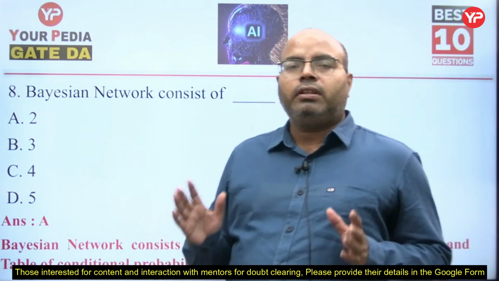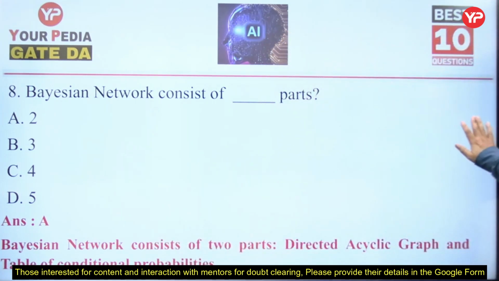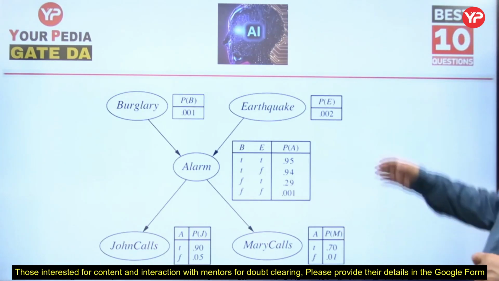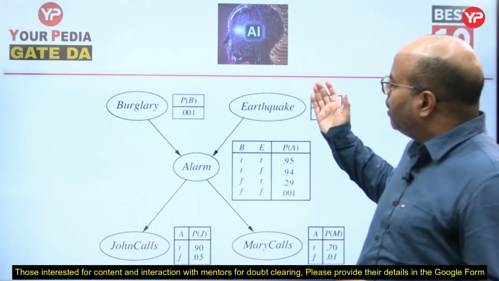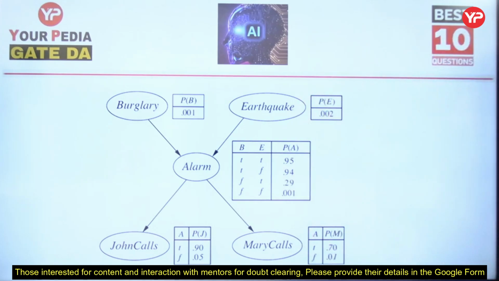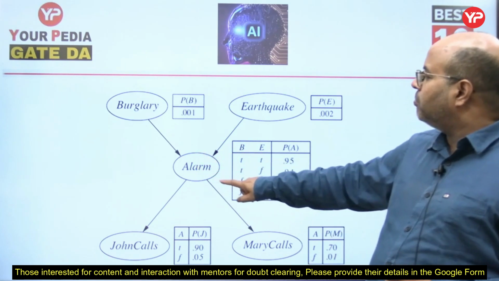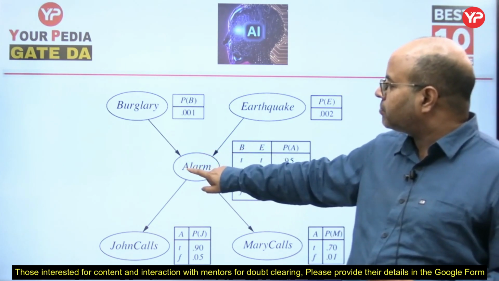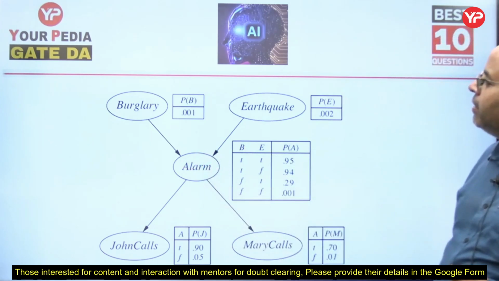That's a very important part of a Bayesian network. See, this is a Bayesian network, a very famous problem which has been studied, where one person has put in an alarm. Okay, this problem is very important.